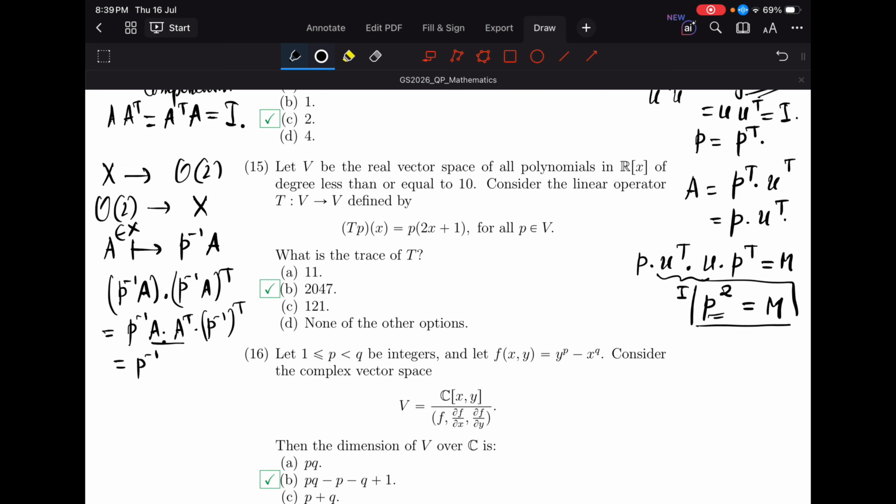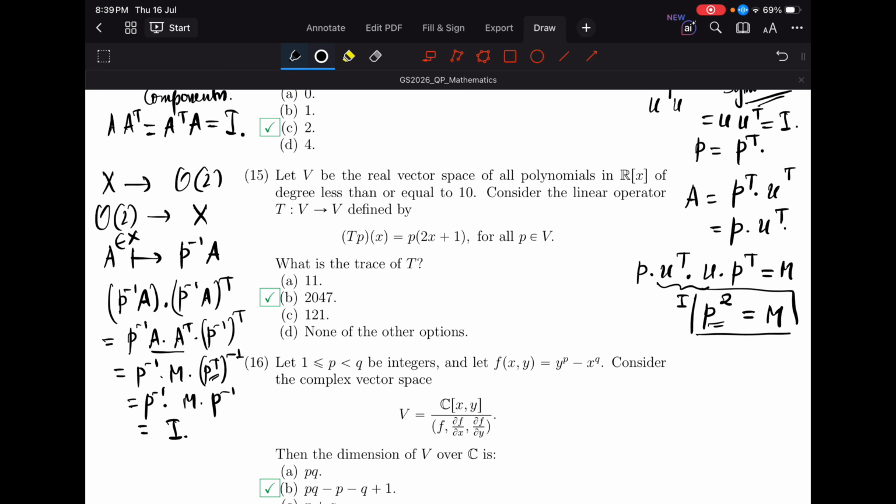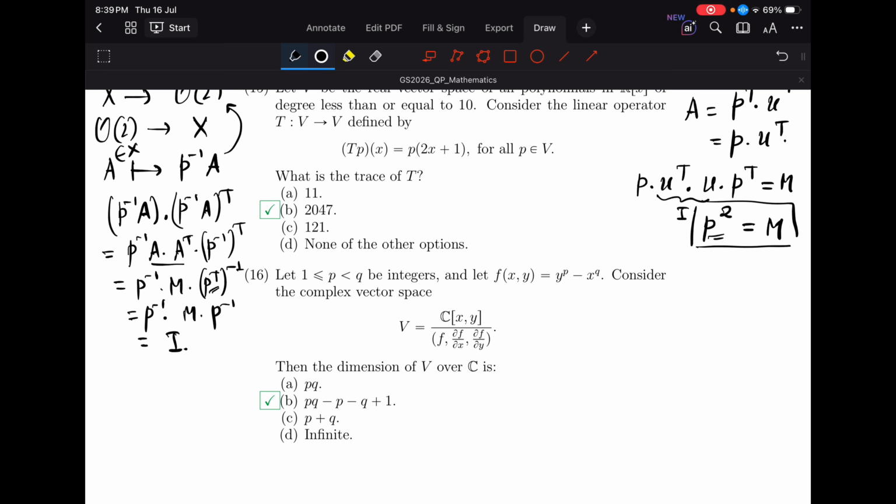So A times A transpose is M, and P inverse transpose is P transpose inverse. Since P transpose is P, we get P inverse times M times P inverse, and M is equal to P square. So this is identity. So P inverse A lands inside O2.